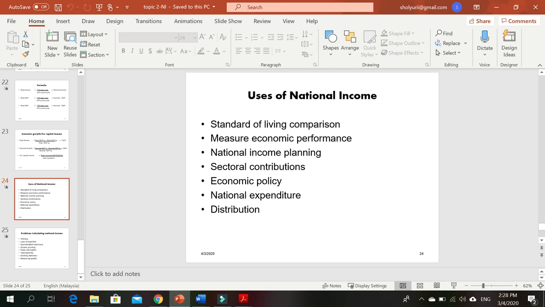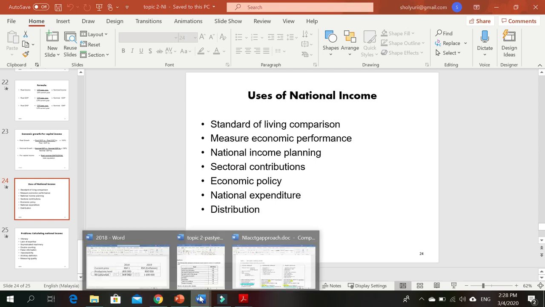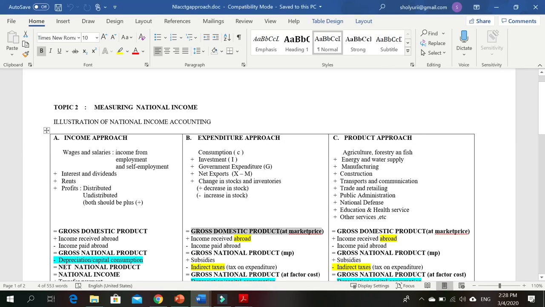With the information we get from national income, for example, we got a lot of information to calculate national income: we know about salaries, interest, rent. If we use the expenditure approach, we know how much the consumption of the household is, investment and so on. If it is the product approach, we know the sectors in the country and each one's contribution: how much manufacturing gives, construction, transport.